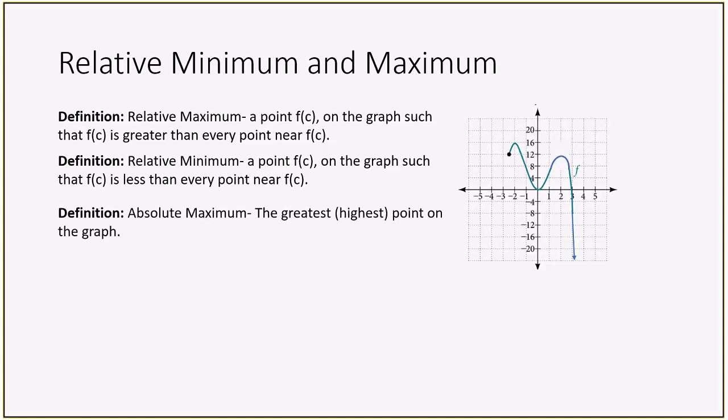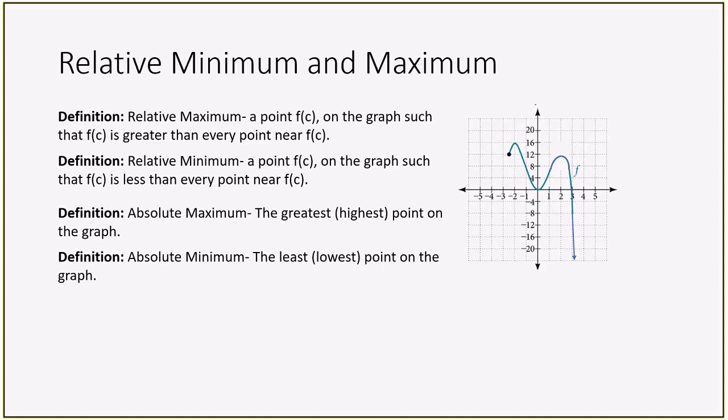Now, absolute maximum and absolute minimum do fall into that classic definition. Absolute maximum is, I don't care what's going on at other parts of the graph. Maybe it squiggles up and down a lot of times. I only want to know the very, very highest point on the graph. And the same thing with minimum, I want the absolute lowest point on the graph.